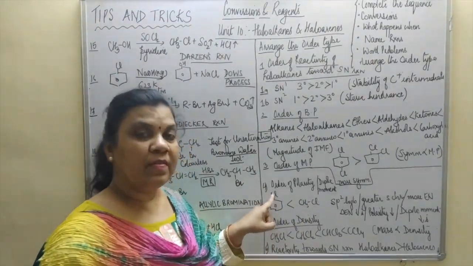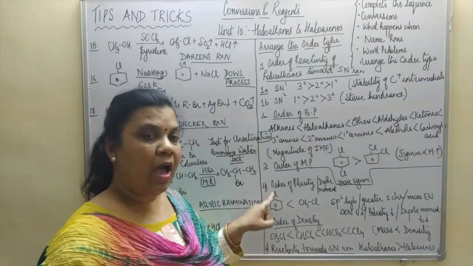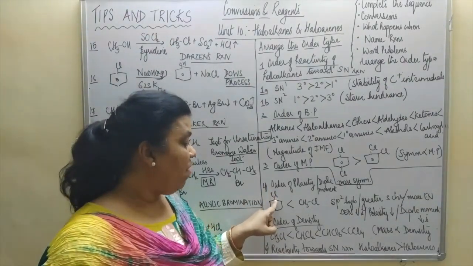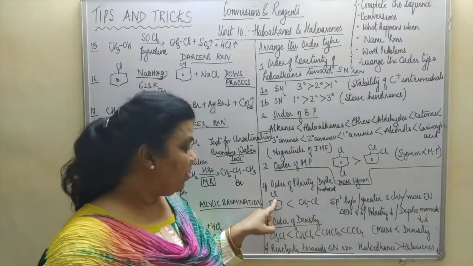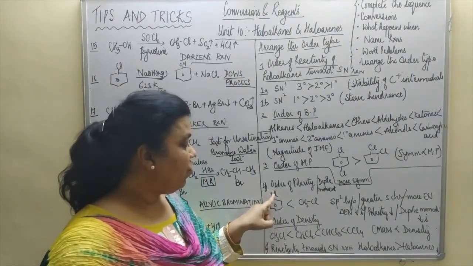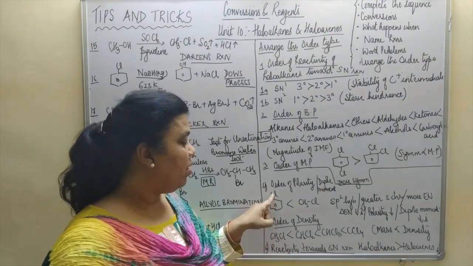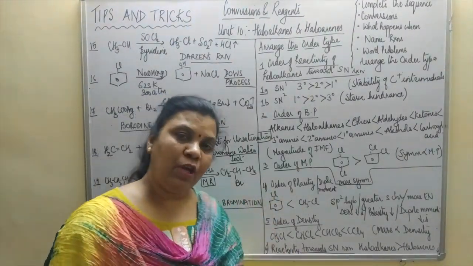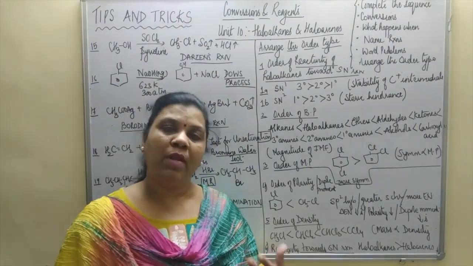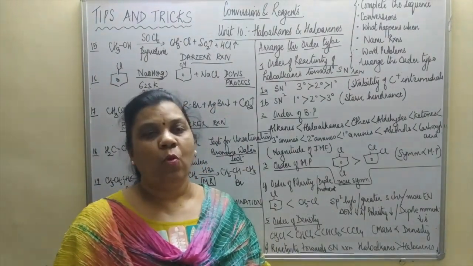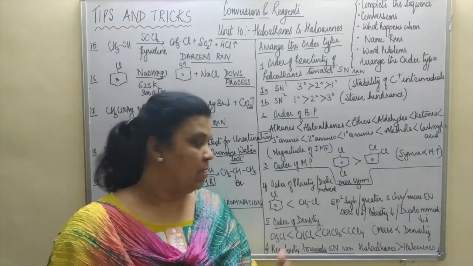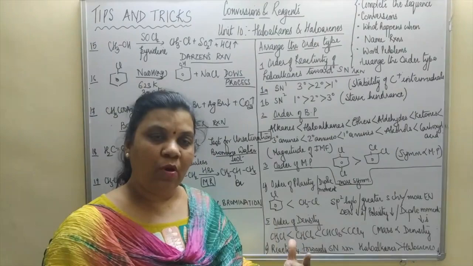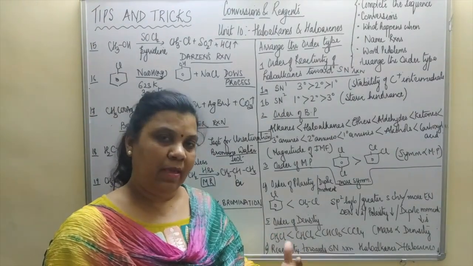Remember, greater the percentage s character, higher is the electronegativity of the carbon. So if this alpha carbon is more electronegative, then the difference of electronegativity between the carbon and halogen will get reduced. And if the difference gets reduced, polarity will reduce, and if the polarity reduces, dipole moment will also decrease. So this is very important that haloarenes are less polar in comparison to haloalkanes.